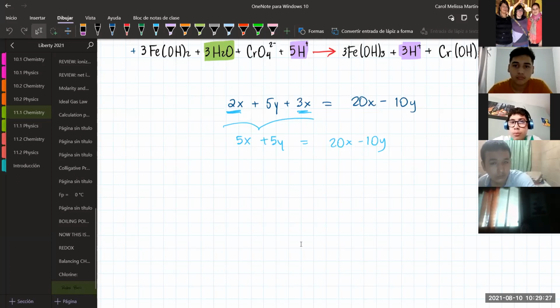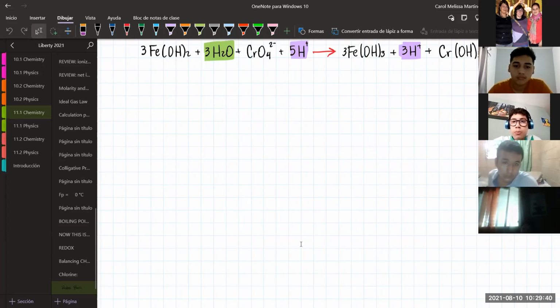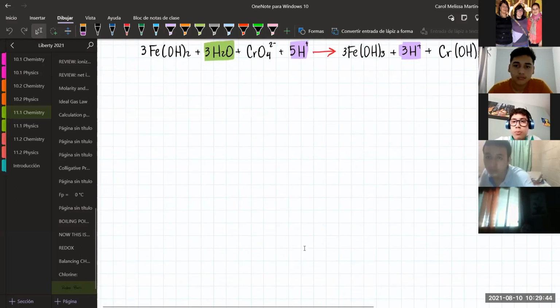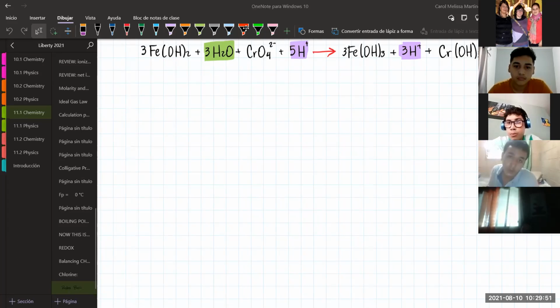That's what we know as like terms, but when they are in the same position. In this case, they are in different positions. Because they are in different positions, we're going to subtract them. And you're going to write the result where you have the greatest number. So for example, here you will subtract minus 3H plus, minus 3H plus.